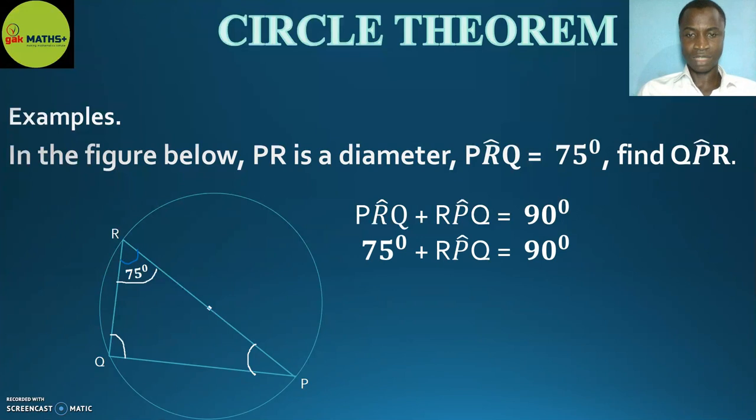So we have 75 degrees plus the angle formed at P is equal to 90 degrees. Grouping like terms, we have angle RPQ is equal to 90 degrees minus 75 degrees, and this gives us 15 degrees. Great! Isn't this application so simple?